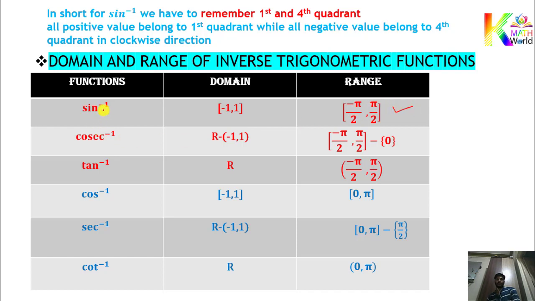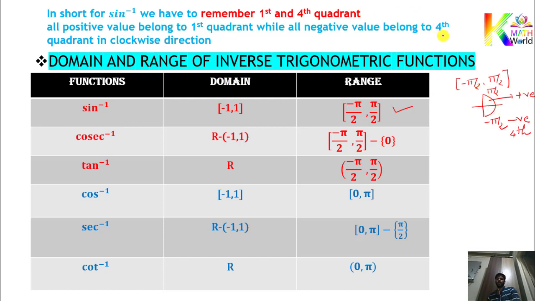This is the range for the sine inverse function that we are discussing, minus pi by 2 to pi by 2. This is our pi by 2 and this is our minus pi by 2. As we discussed, all positive values belong to the first quadrant, while all negative values belong to the fourth quadrant, in the clockwise direction, while for positive values you get the anti-clockwise direction.